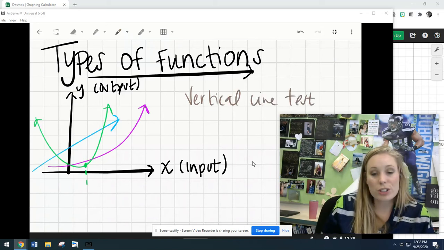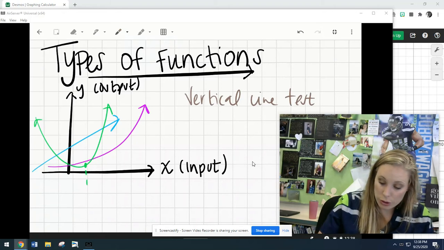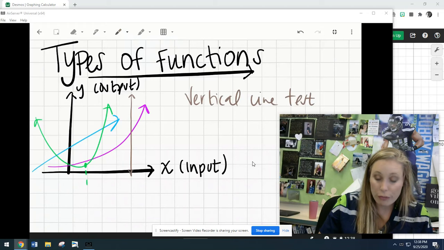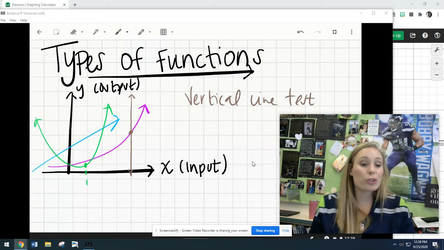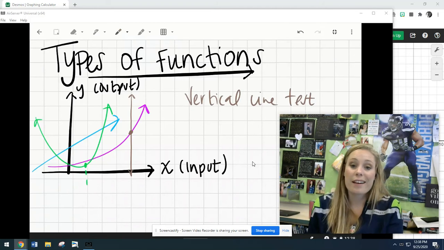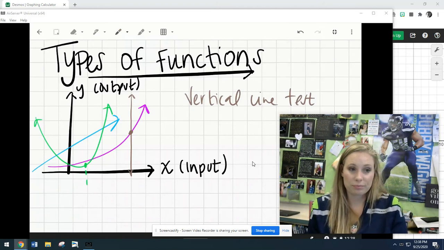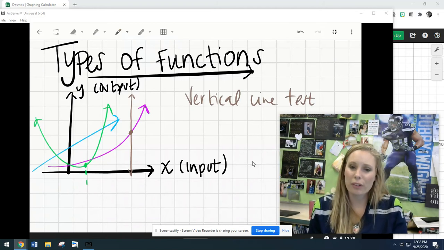If something passes the vertical line test, that means you could draw a vertical line and it will only cross your function in one place. If it crosses your curve in more than one place, then it is not a function. So that's what makes something a function.